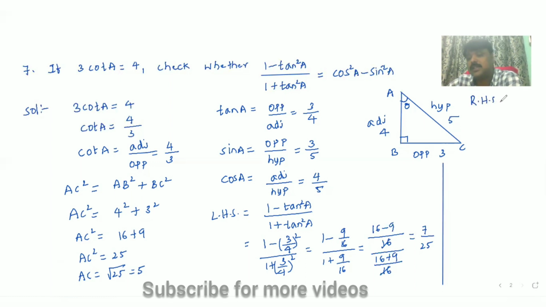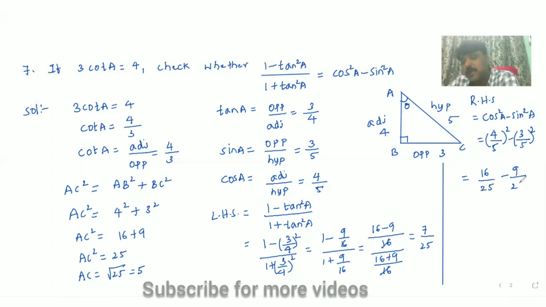Our RHS is cos square A minus sin square A, cos 4 by 5 whole square minus 3 by 5 whole square. 16 by 25 minus 9 by 25.